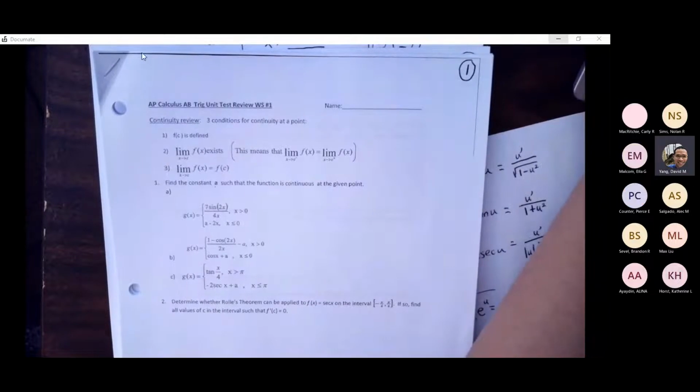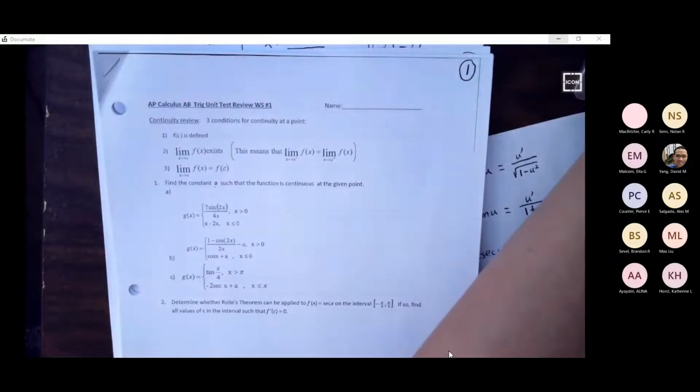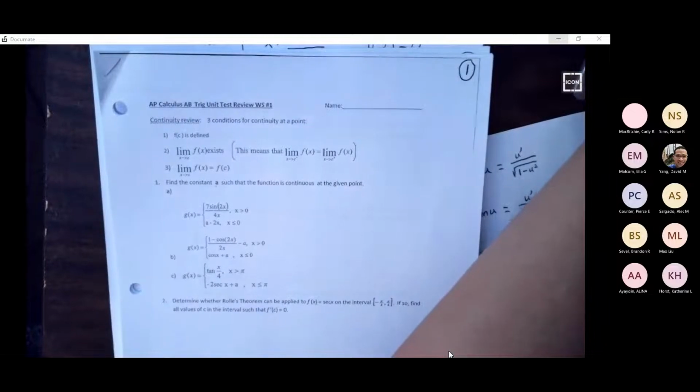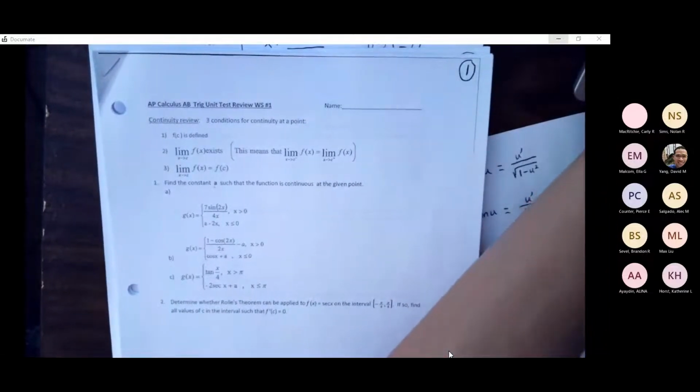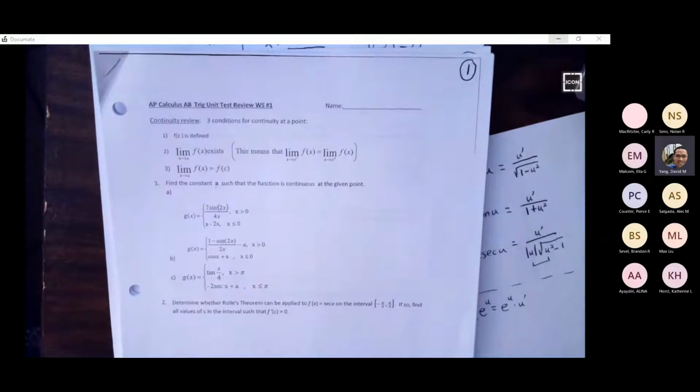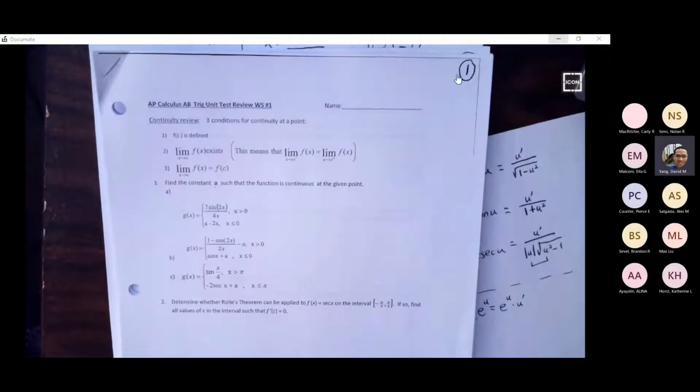And I'll put it in the chat box. But if you're my student, you should have picked one up in class yesterday. Right? But if not, there's the link.